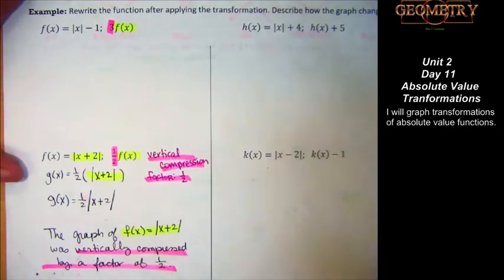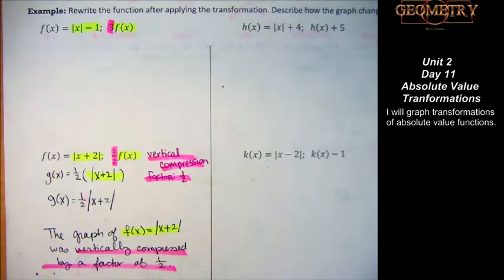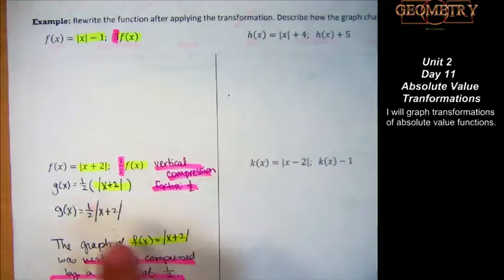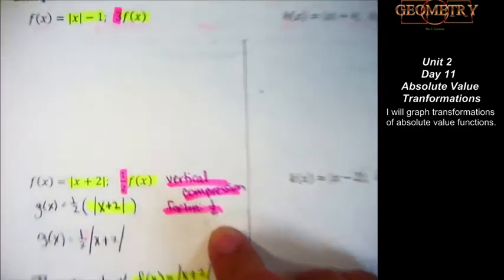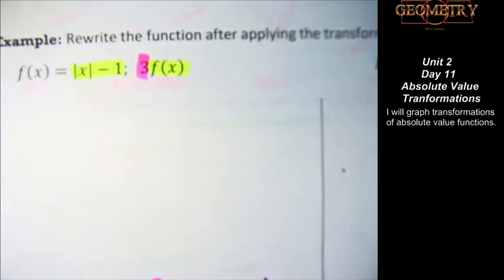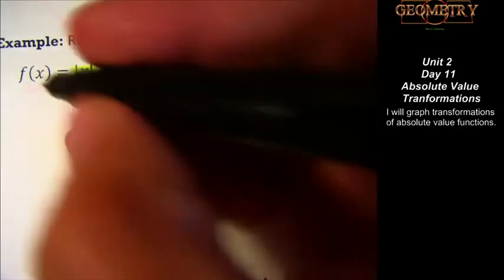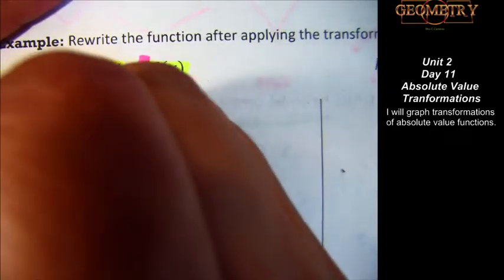But look at the f of x function. It has a thing on the outside of it, which is going to make this look slightly different. Okay? So let's handle that, and then we'll come in and we'll pick up what you said about it being a stretch. Okay? So let's do the algebra first, and then we'll do the languagey part. All right, so I'm going to rename this function.